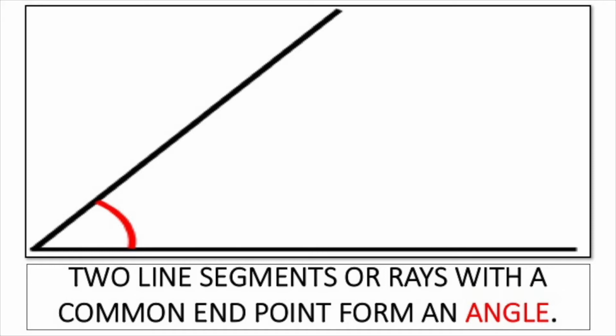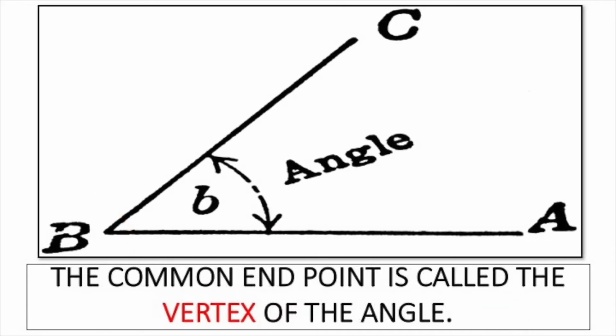2 line segments or rays with a common end point form an angle. Yes. Whenever 2 lines meet, this point here is the angle. And as we've learnt already, the end point of an angle is the vertex. The common end point is called the vertex of the angle.